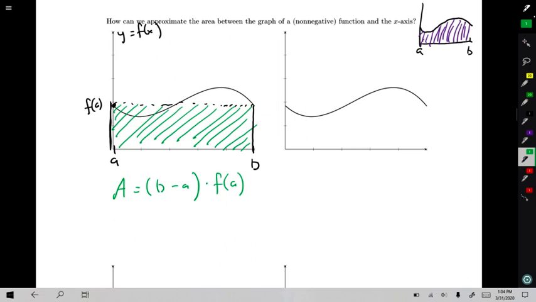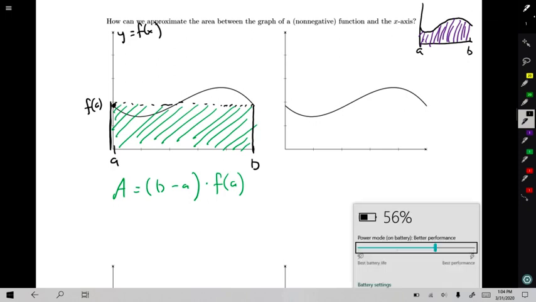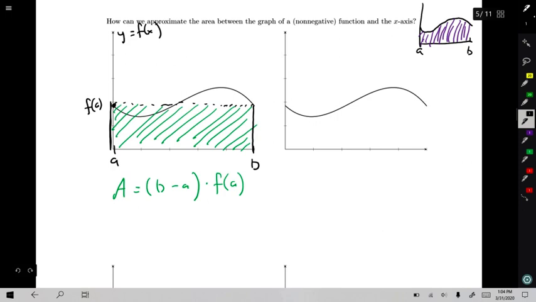Let's think maybe about another way that we could set up a reasonable looking rectangle. Instead of choosing the left endpoint for the height of the rectangle, why don't we choose the right endpoint? For this particular function, it sure looks like these things end up being about the same. Maybe this right endpoint is actually a little bit higher up than that left endpoint there.